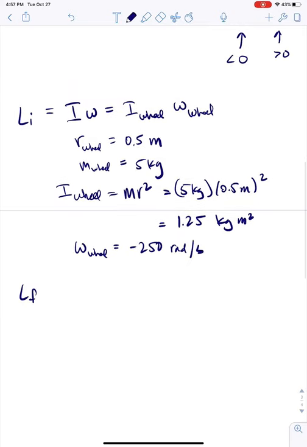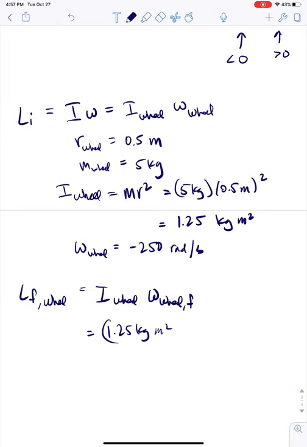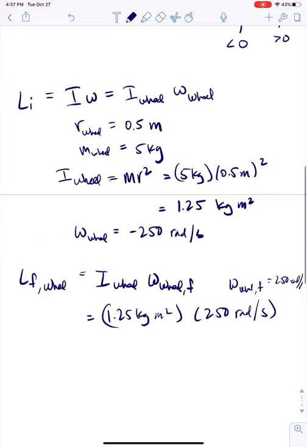Now, our L final of the wheel is going to be I of the wheel, which hasn't changed, times omega of the wheel final. That's the same 1.25 kilogram meter squared times 250 radians per second, because omega wheel final is now 250 radians per second.